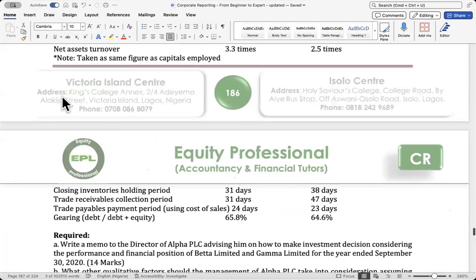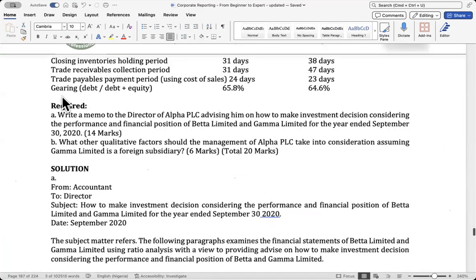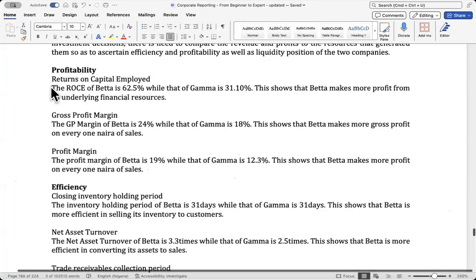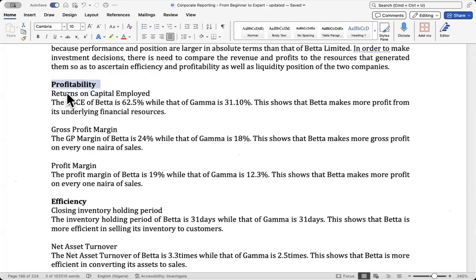But I categorize them, because I know the categories of ratios. I start with profitability ratios. And the king of profitability ratios is ROCE. This is how I always recommend my students to analyze. Keep it simple. If you don't have enough details, just keep it simple.